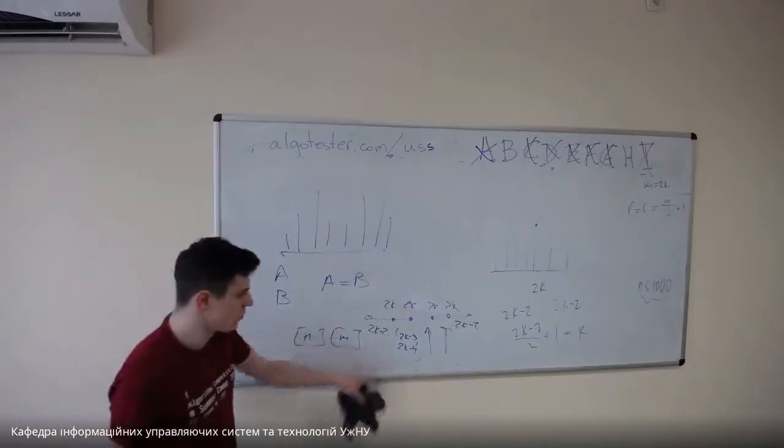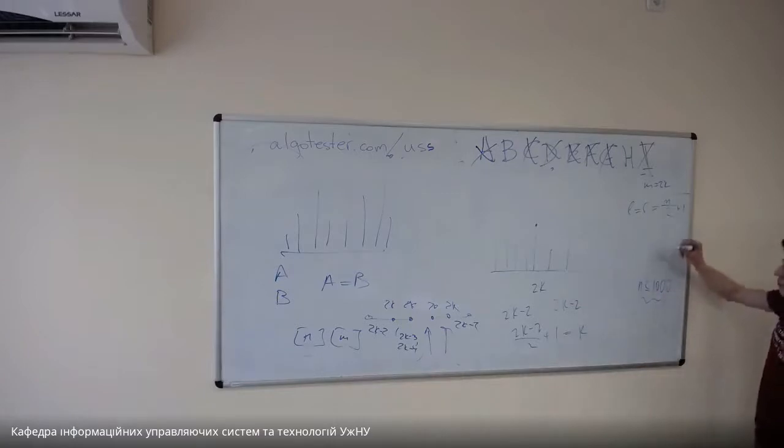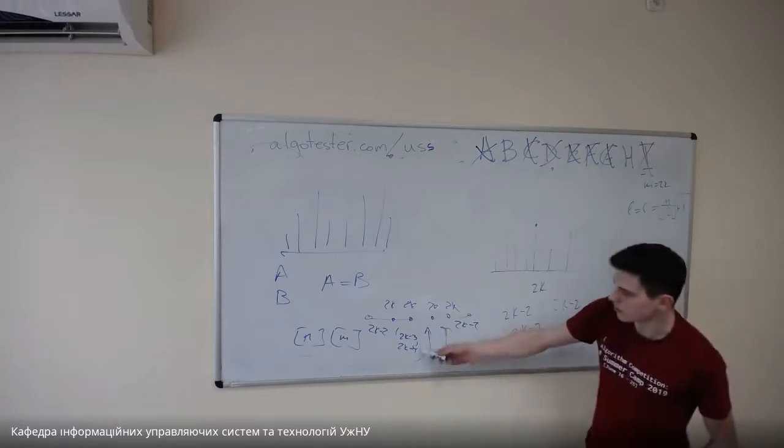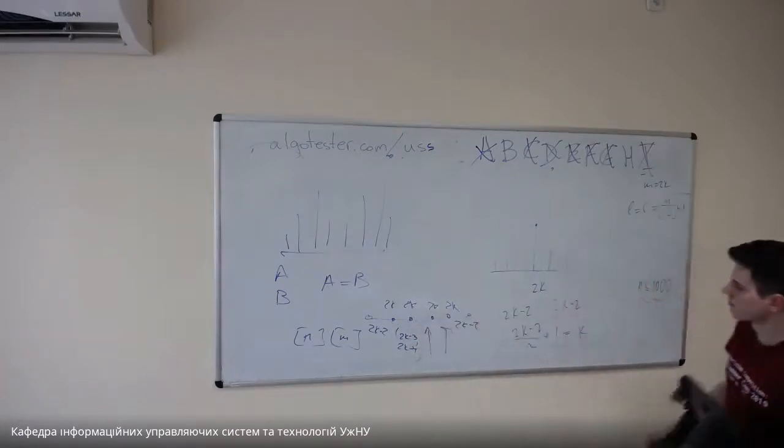Why those two? Because as we said here, we have this equation which was proven before. It's of course rounded down, and either of those would end up with the stack size as we need.